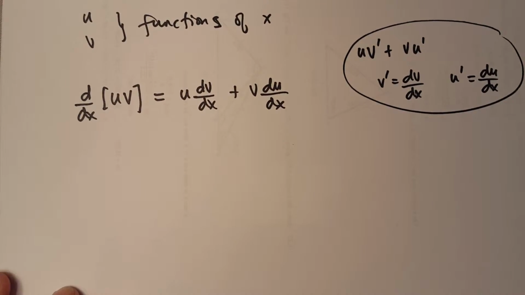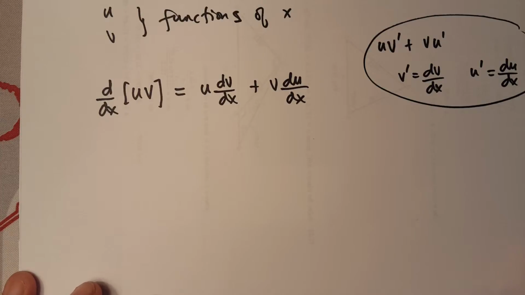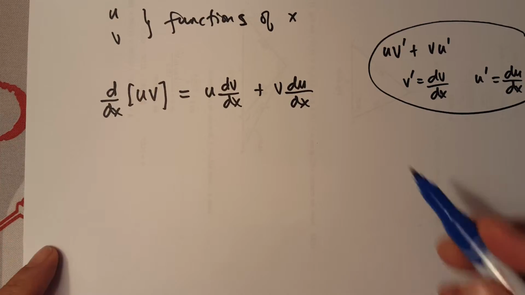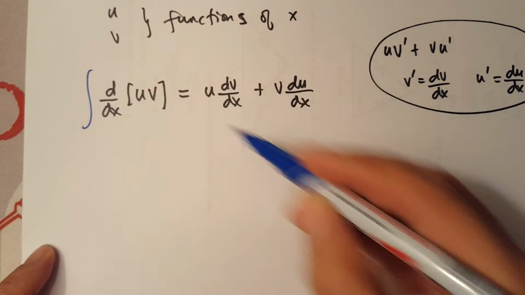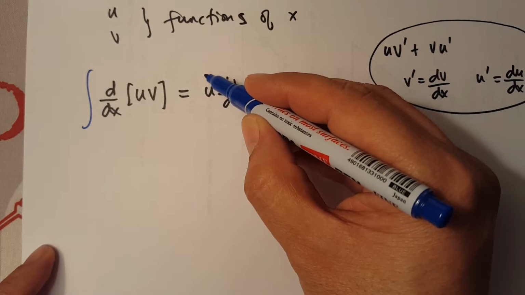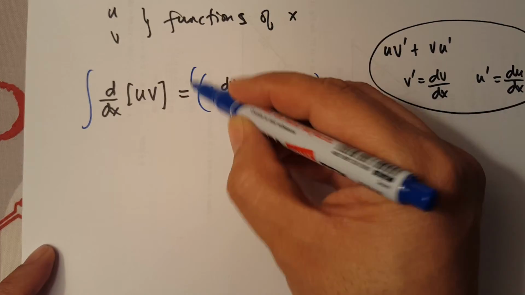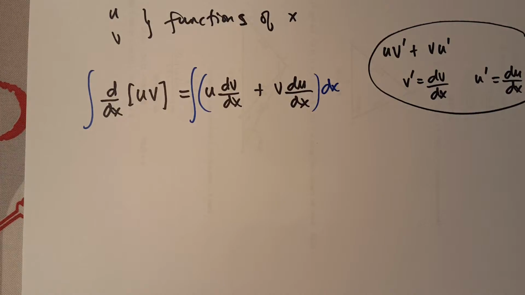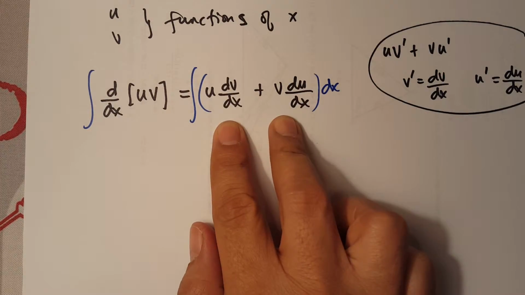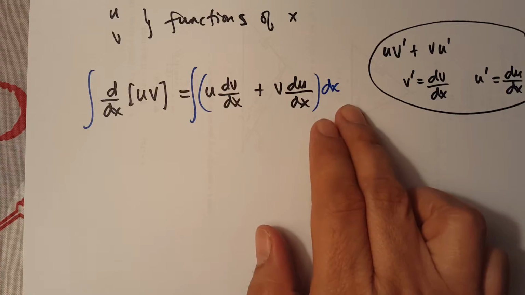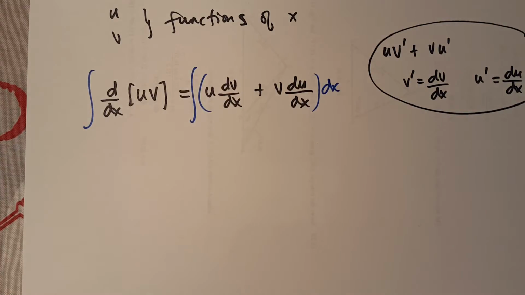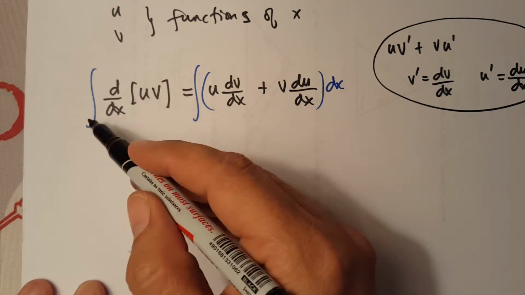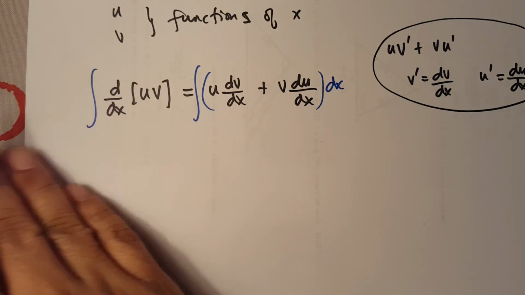Anyway, going back to integration by parts, what happens if we try to integrate this? That means we are integrating this function with respect to x. Since integration and differentiation are inverse operations, they kind of undo each other.